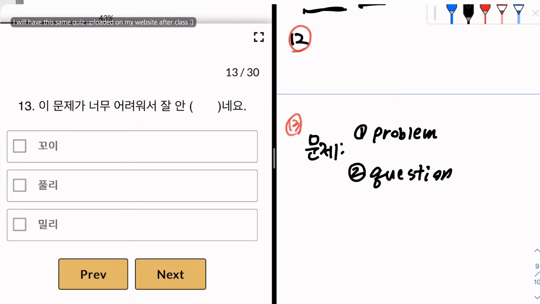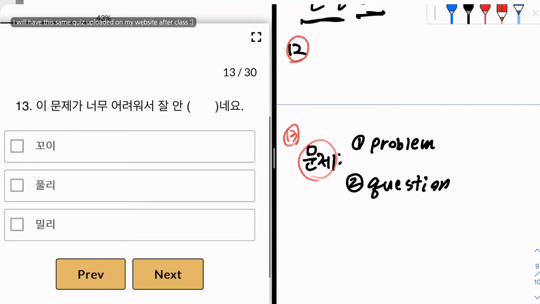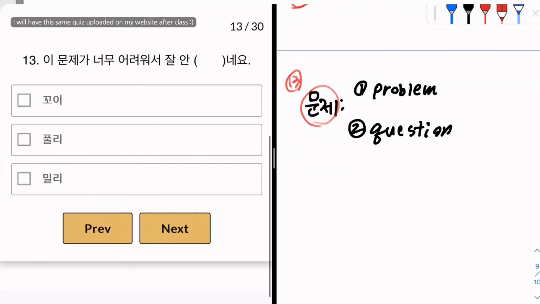Those kinds of questions we also call 문제. So this question is too hard. 너무 어려워서 잘 안 blank네요. It's not verb well, right? It's not verb well. So what are the verbs that can go with 문제, guys?